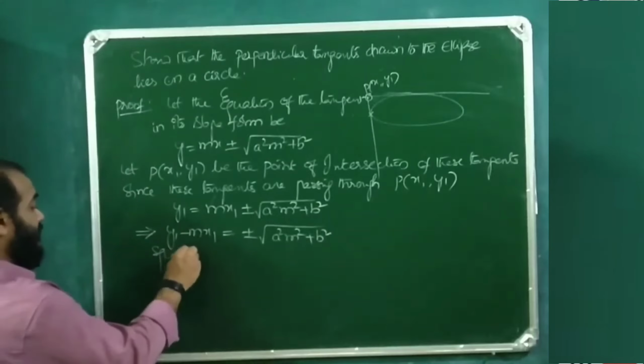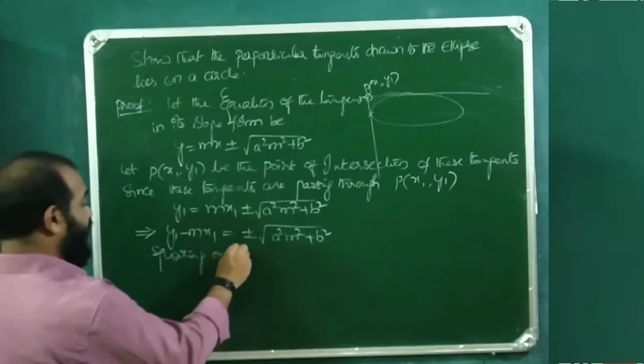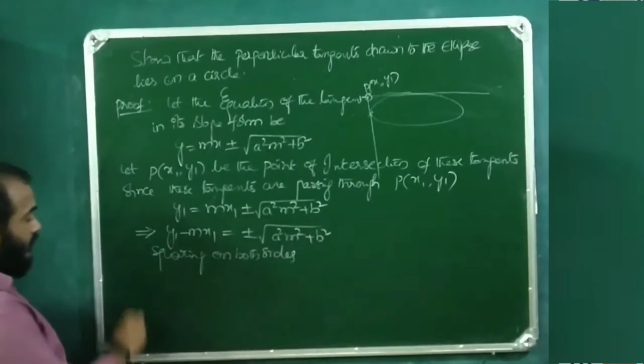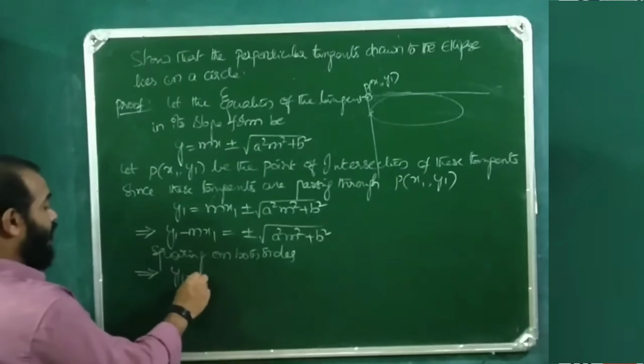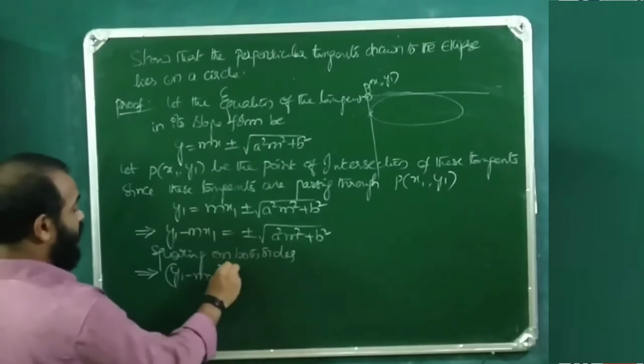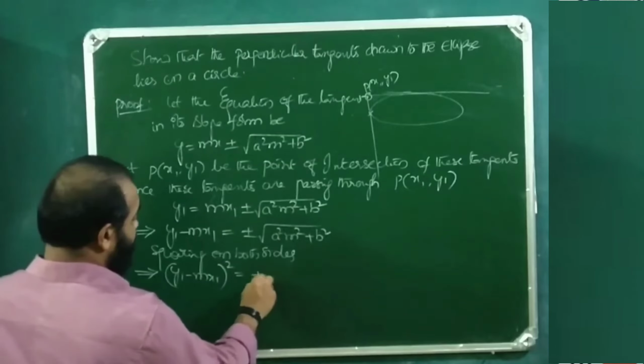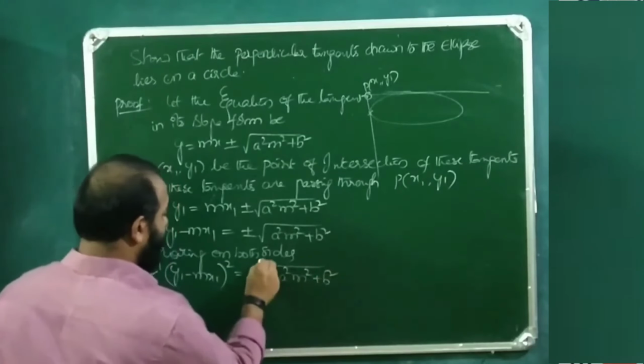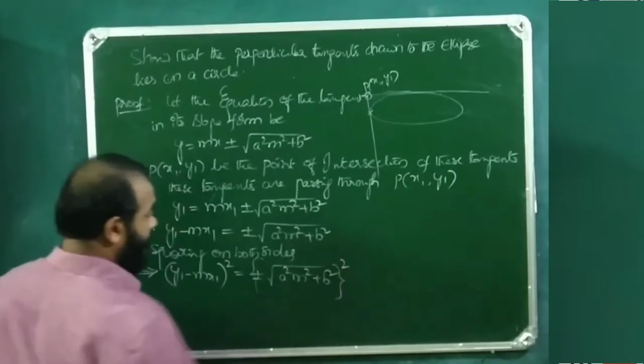Squaring on both sides, (y1 minus mx1) whole square equals (plus or minus square root of a square m square plus b square) whole square.